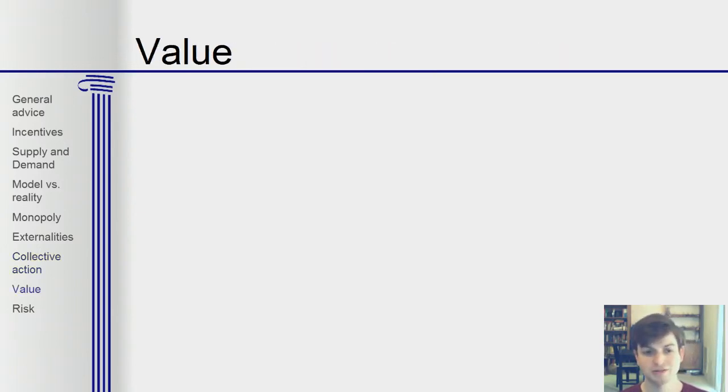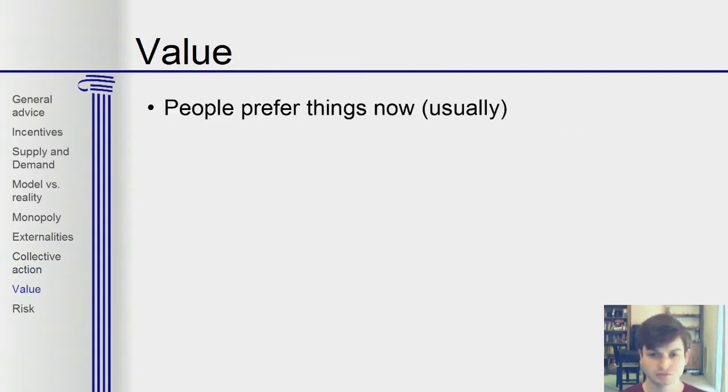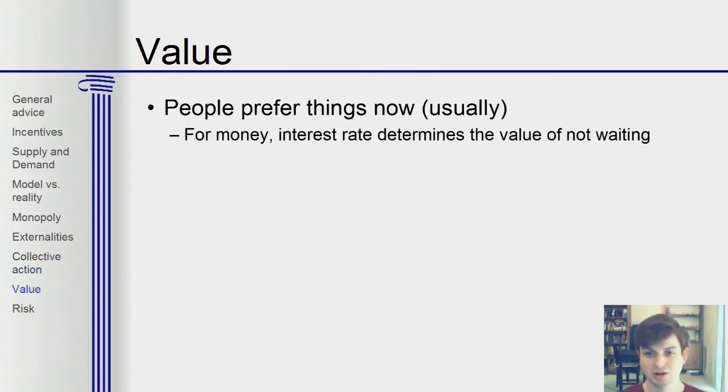I also want to talk about how people value things in the economy. First, it's worth saying people usually prefer things now. Waiting for things makes them less valuable. How much that is depends on the thing and on the person, but for some things we can quantify it.